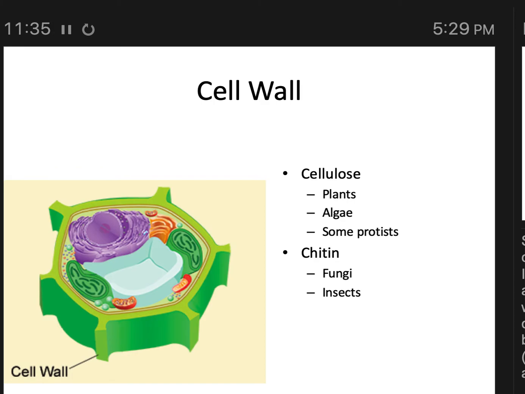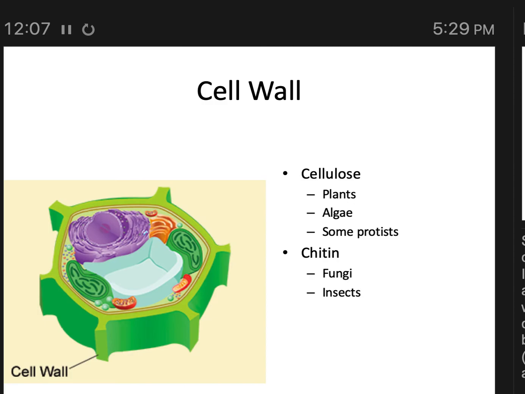They're not even made out of a disaccharide, but rather a polysaccharide, meaning instead of just two sugars linked together, it's long, long, long chains of the same sugar on repeat. Plants, algae, and plant-like protists have cell walls made out of cellulose, while fungi have cell walls made out of chitin. So whether it's a fungal cell wall made out of chitin or a plant cell wall made out of cellulose, they have the same feature of preventing overfilling with water.